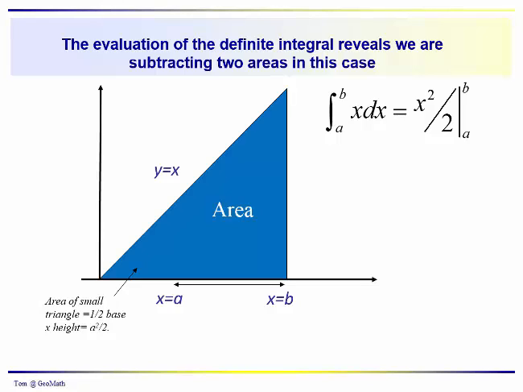So let's take a look again at what we're doing with this definite integral. We're evaluating over the limits a to b. We get the result x squared over 2. We're going to evaluate it at a to b. This term, b squared over 2, is the area, we said this before, of the larger triangle.